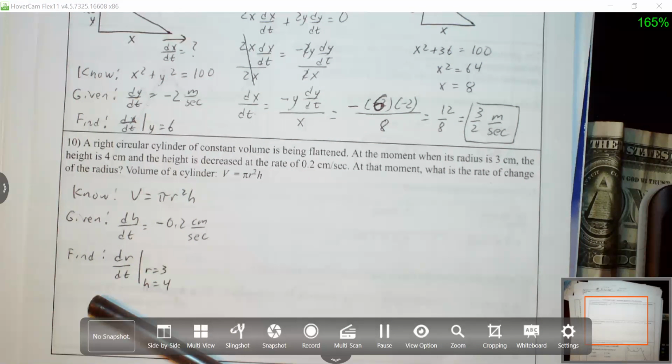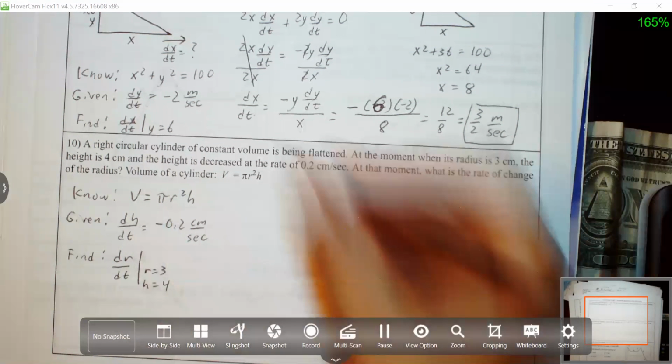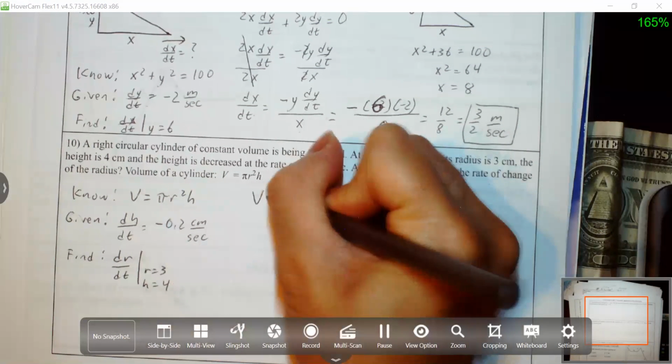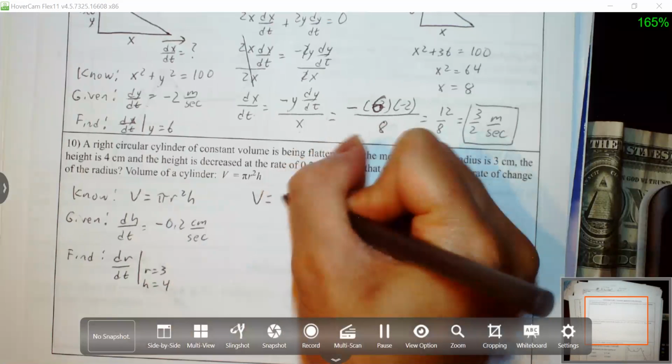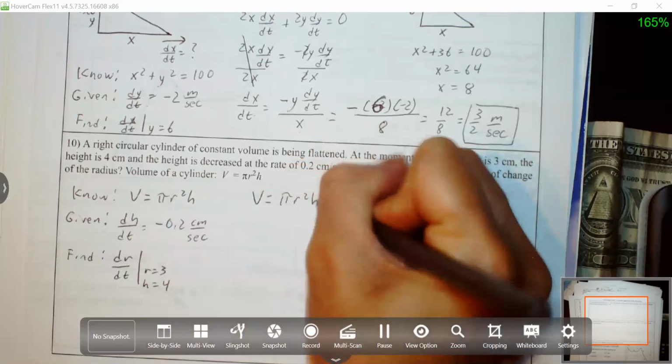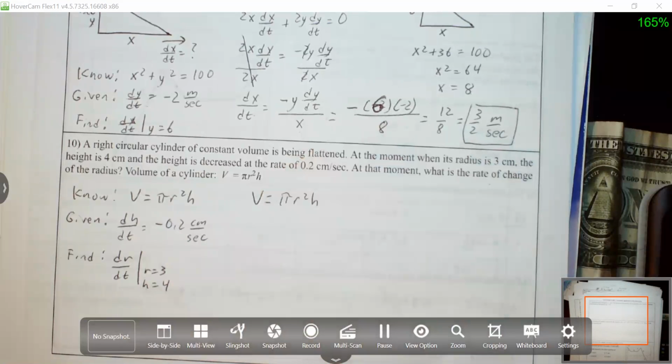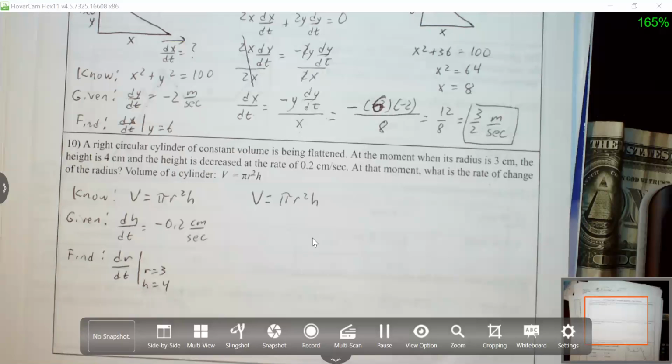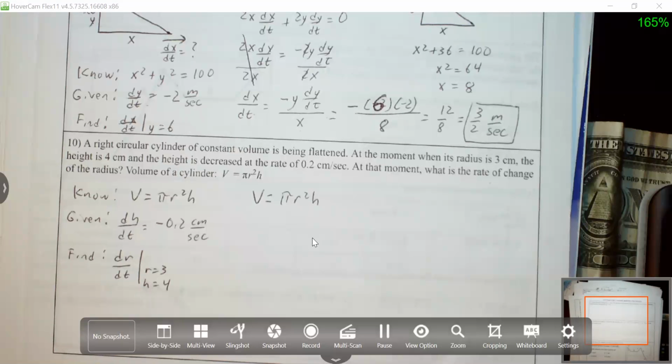Okay, so what we're going to do now is start with this formula, and then we are going to do implicit differentiation here.